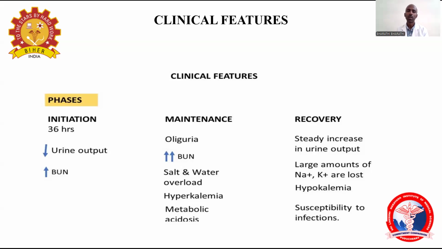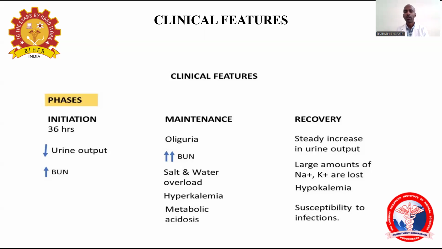Why is there hyperkalemia? Because the ion exchange is not happening properly. So the potassium as well as the hydrogen ions are not secreted into the urine. So here there will be hyperkalemia and metabolic acidosis. Whatever hydrogen ion has to be secreted into the urine is not secreted, so there will be accumulation of the hydrogen ion, causing metabolic acidosis.